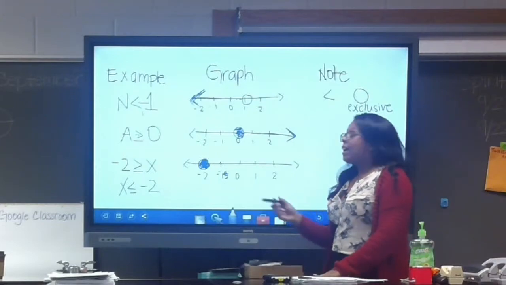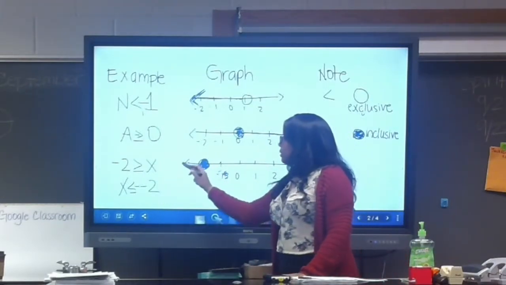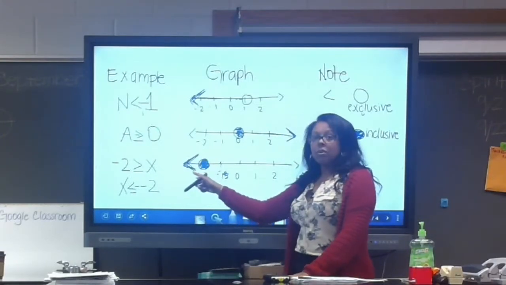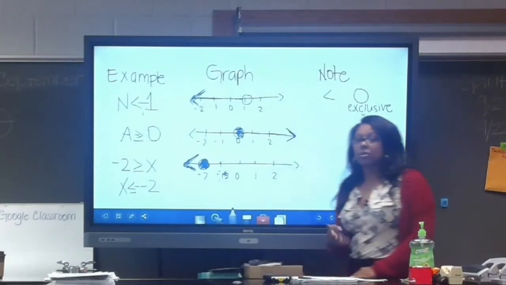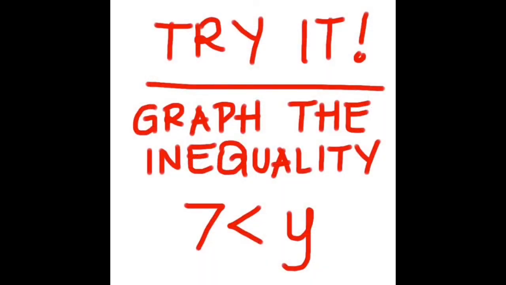And then again, we're going to look at our symbol as an arrow, and we're going to shade to the left because behind negative 2 are values that are less than or equal to negative 2.